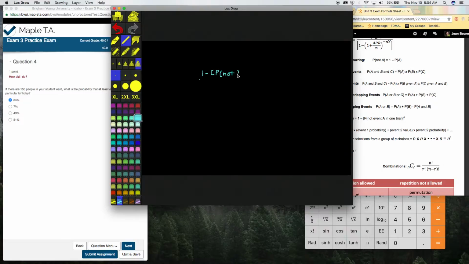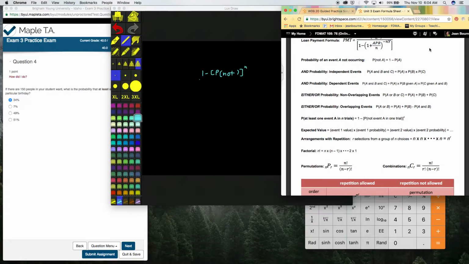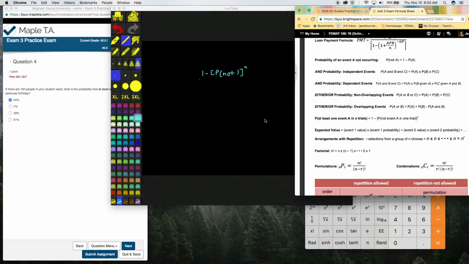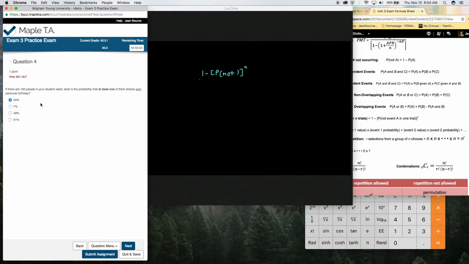Okay, so it's 1 minus the probability of the event not occurring in one trial. So for me to figure out what the probability is of it not occurring, this is up here, this 1 minus P(A), the probability of an event A not occurring. But if you just think about it, you can figure it out.